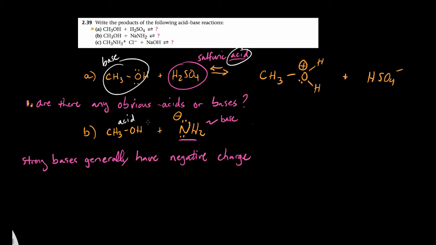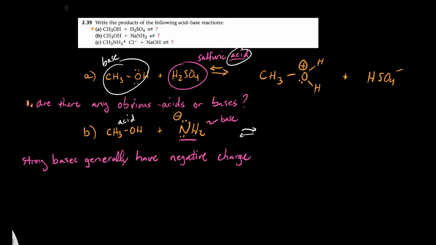And we already saw how alcohols, just like water, can be acids and bases. So here, if the alcohol is acting as the acid, which one of these protons is acidic?